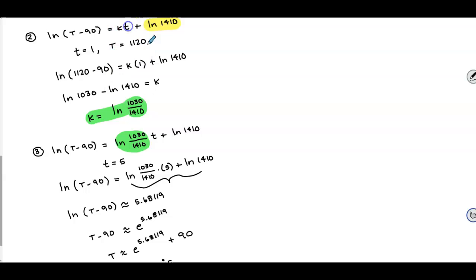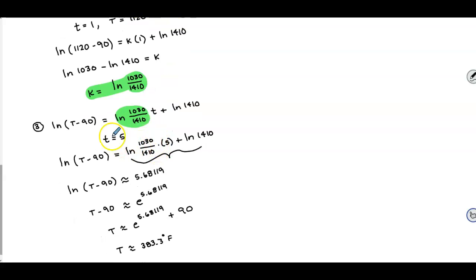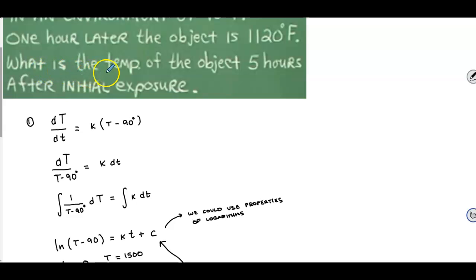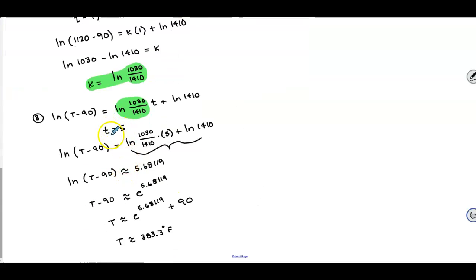And so from here, we can then solve for the temperature, because the question in step 3 is asking us up here, what is the temperature of the object 5 hours later, or 5 hours after the initial exposure? So we want to substitute t in to be 5, now that we figured out what the k constant is and what the c constant is. So now we're able to find out what the temperature is.